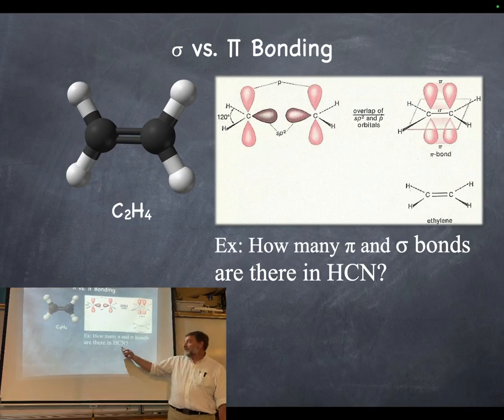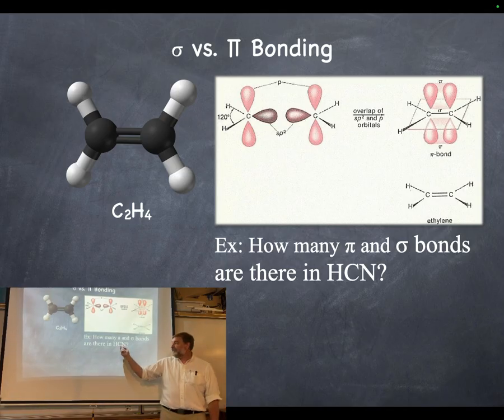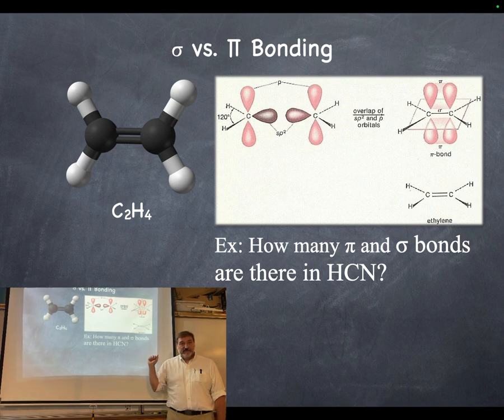Hydrogen 1, carbon 4, nitrogen 5, total of 10 electrons. Central atom is our carbon. Throw that down. Single bond to hydrogen, single bond to nitrogen. We used up 4 electrons, leaving us with 6. Put them on the nitrogen.